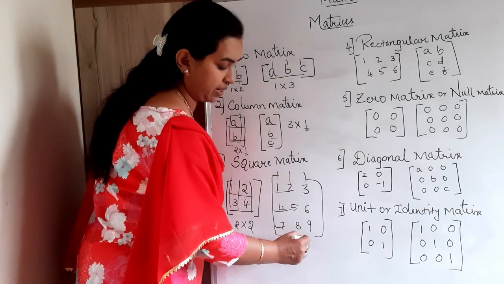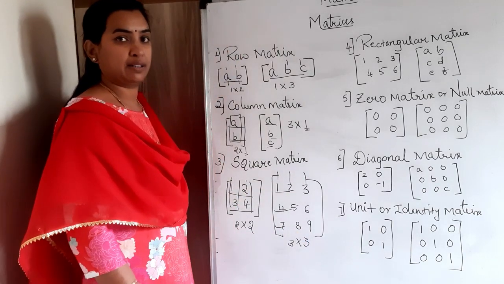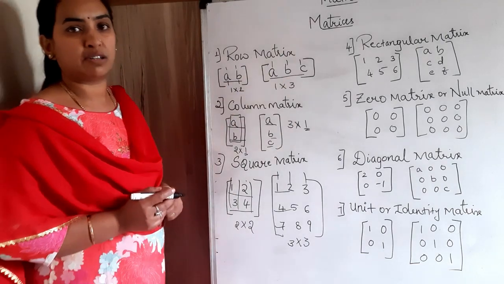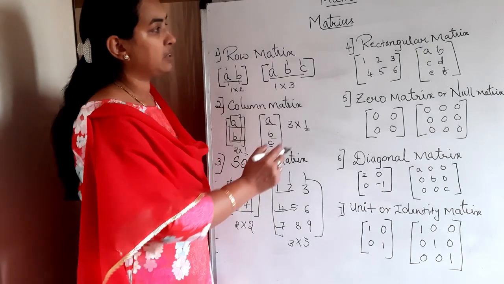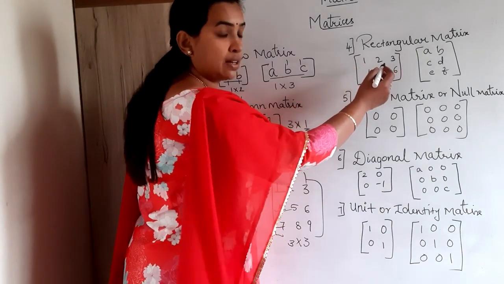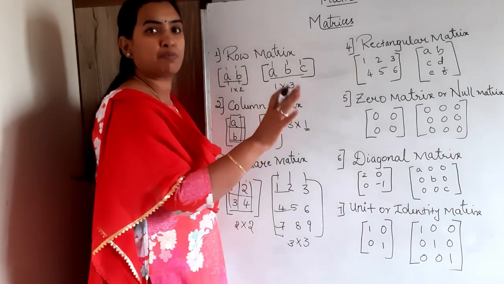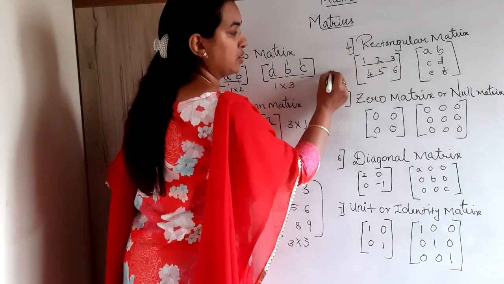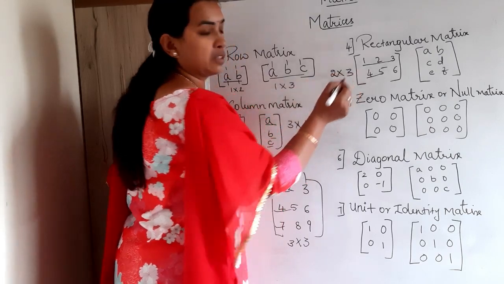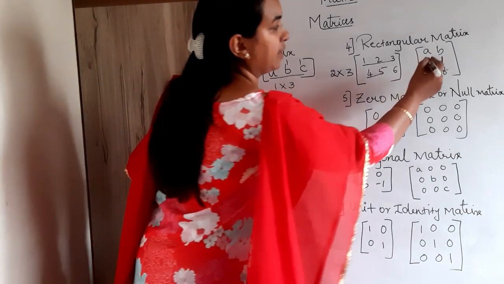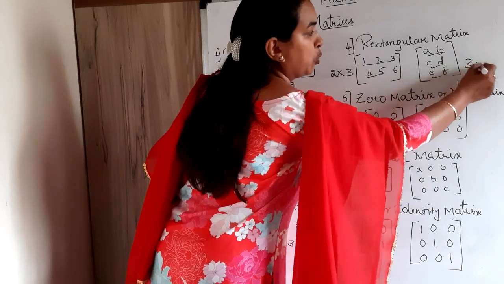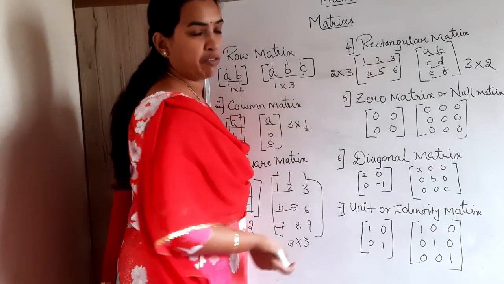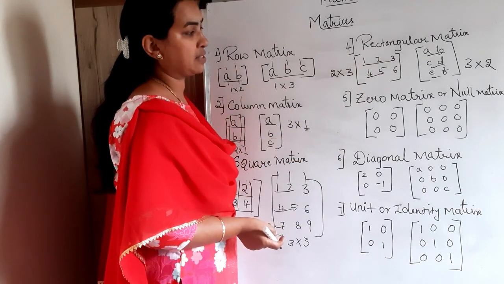So it is a 3 cross 3 matrix. Next, the rectangular matrix. In a rectangular matrix, the number of rows must not be equal to the number of columns. Here there are 2 rows whereas 3 columns. Here there are 3 rows and 2 columns. These two are examples of a rectangular matrix.